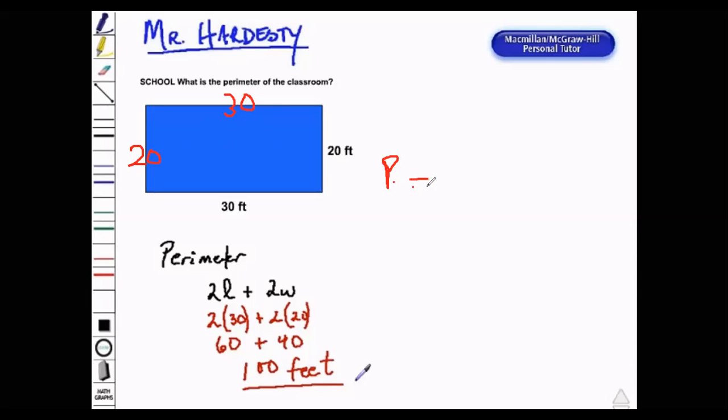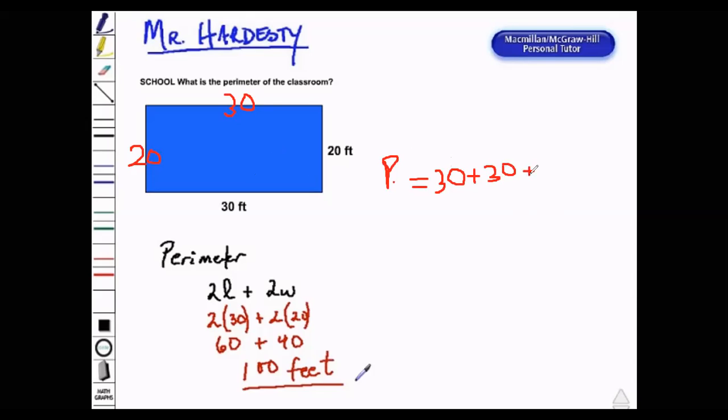I can add all of these lengths. I have to add 30 plus 30, and then add.